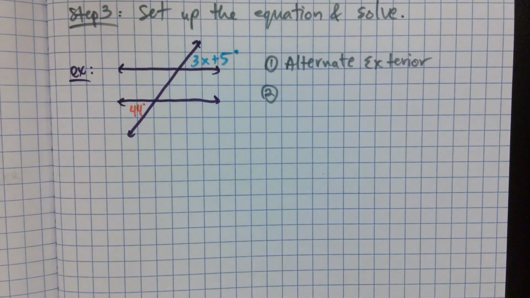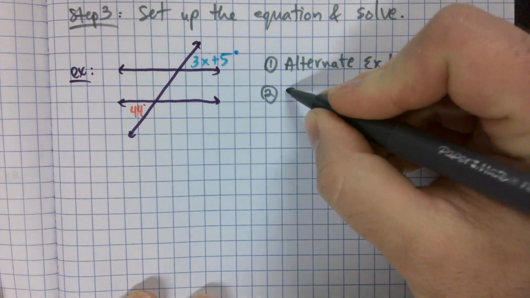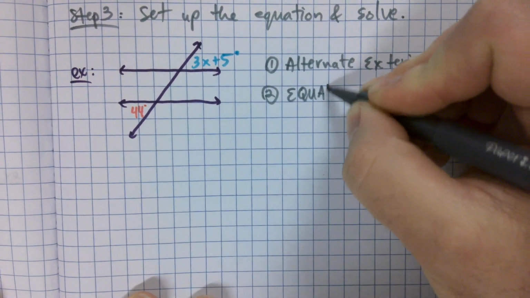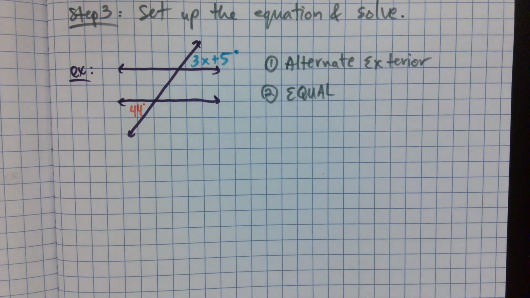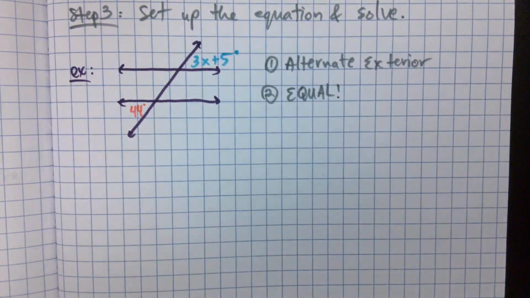Are alternate exterior angles, now step 2, equal or supplementary? They're equal. Remember, same side, supplementary, SSS. If we have an angle relationship that is same side interior, that's when we have supplementary. Everything else is going to be equal.